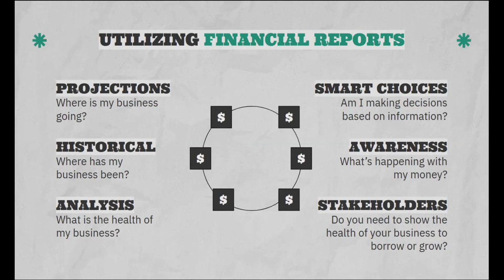If you're looking at a financial report for the month and somehow it's $3,000 different than the month before and you haven't done anything, why is that? Would you notice that this huge change had happened if you weren't looking at these financial reports? So it's awareness and just keeping track of what is happening with your money. Are you making money? Are you losing money? Is it all accounted for?